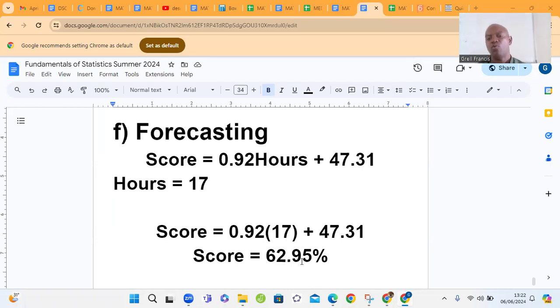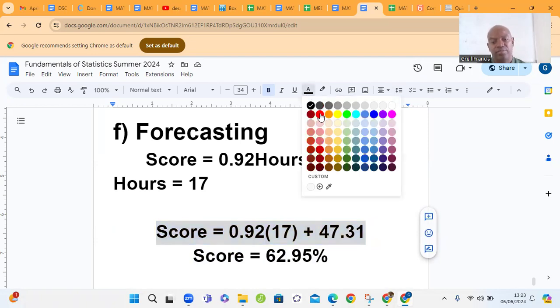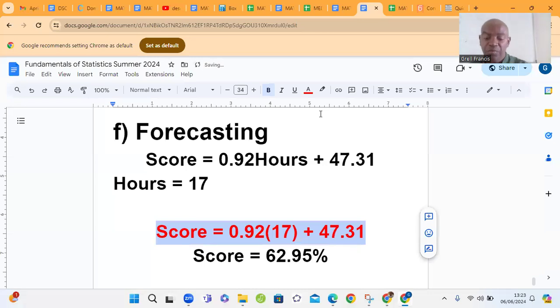So it appears that according to this model, according to this data, if you study for 17 hours, there is a likelihood that you will get 62 or 63% more or less, okay? Somewhere along that line, if you study for 17 hours.